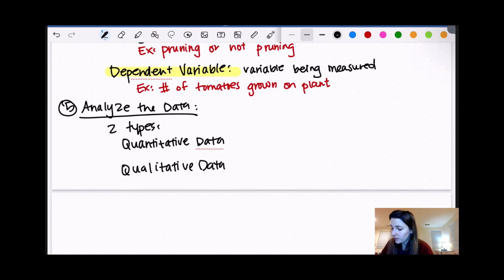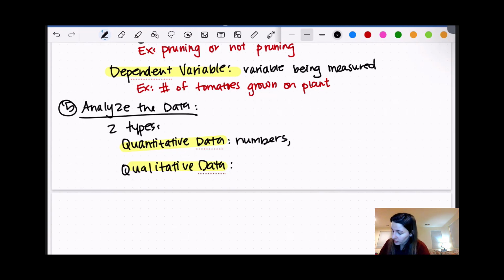I'll highlight both of these because they're both vocabulary words. So quantitative data, that refers to numbers. Number data. In our example, we're talking about quantitative data, the number of tomatoes.